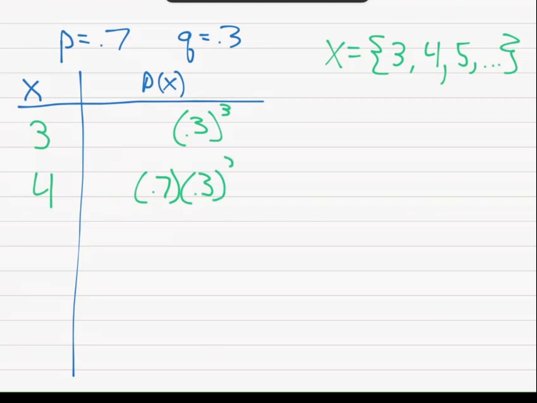Those are the probabilities, but let's think about the pattern. I'll put F here for fail, or the F-bomb, however you'd like to think about it. However this pattern turns out, there has to be a failure in the final slot, or it wouldn't have triggered the stopping, right?